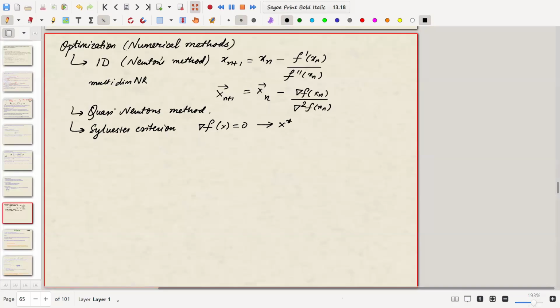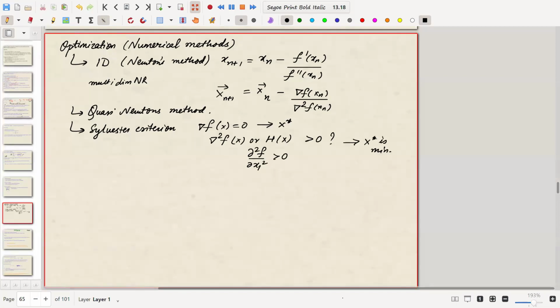And to know if those critical points are minima or maxima, what do you do? You take the Hessian, the grad grad f x or the Hessian Hx. You check whether it is greater than 0 or not. If it is greater than 0 and dou 2f by dou x1 2, that is the second derivative with respect to the first variable, is greater than 0, then it will give you x star is a minimum.